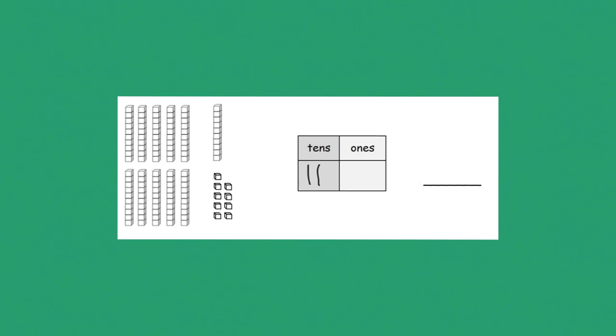So we put an 11 in the tens place on our place value chart. Now let's count our single units. We have 1, 2, 3, 4, 5, 6, 7, 8, 9. 9 single units in our ones place. So that gives us the number 119.